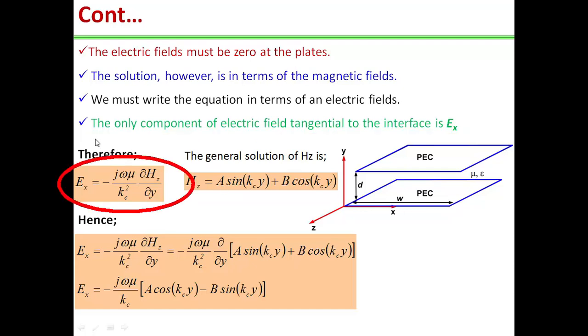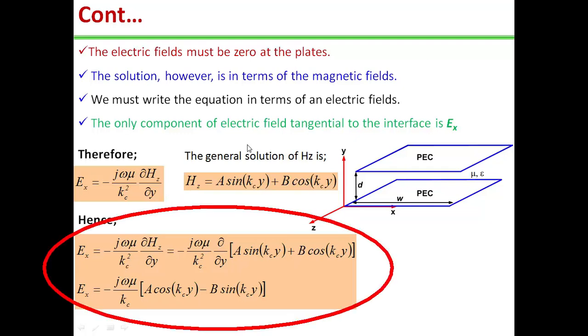We have calculated the electric field component along the x direction after solving the wave equation and Maxwell equation. We found Ex = −jωμ/kc² ∂Hz/∂y. And the general solution of Hz we have already calculated, that is A sin(kc y) + B cos(kc y).